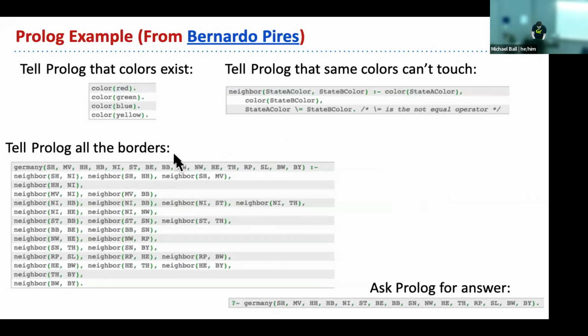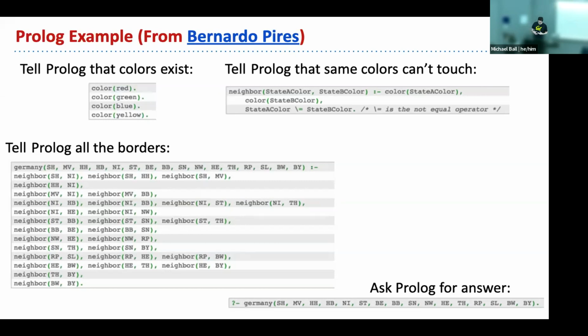The really cool thing about a purely declarative language like Prolog is that we basically say, here are the four colors that exist: red, green, blue, and yellow. We tell Prolog that the goal of this program is to have as few same colors touching each other. So there shouldn't be a red province next to another red province. We should try and put red next to yellow or whatever.